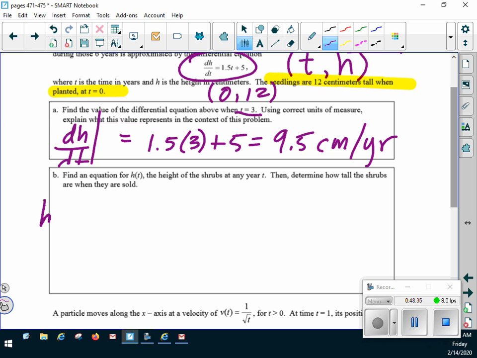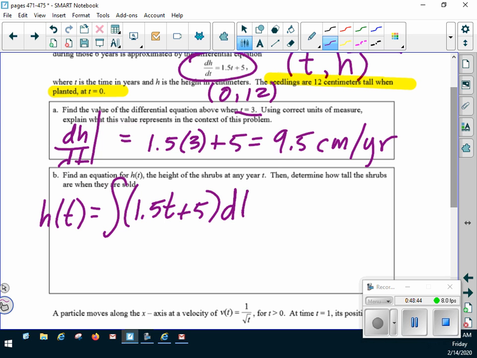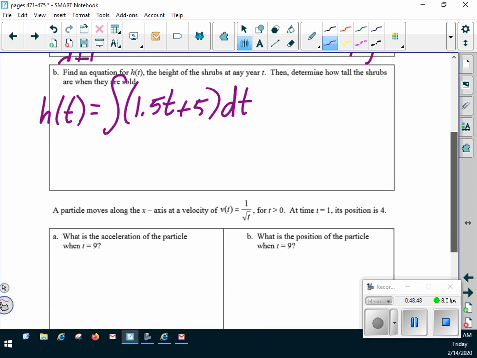Integrate. h of t is going to be the integral of 1.5t plus 5 dt. Why did I not put dx? Because my dang variable's t. It might be in your best interest to change 1.5 to a fraction as you think through it.